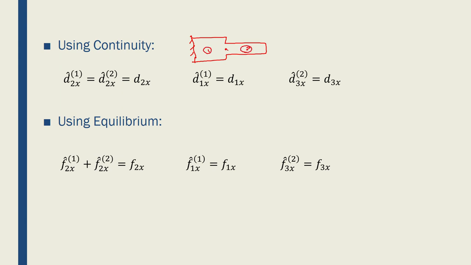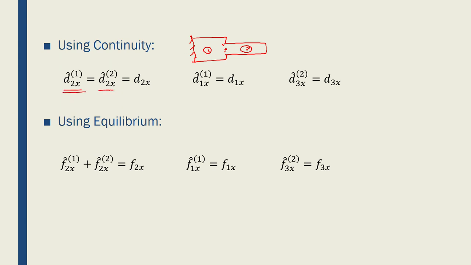One thing that is logical and reasonable is to know that the displacement of this node, whether attached to element 2 or element 1, should be the same. Otherwise, the bar would snap from this location, and the continuity concept would be falsified.